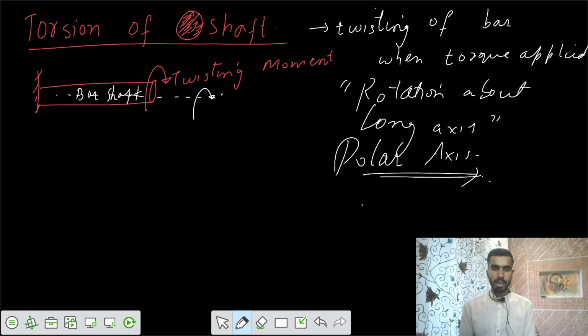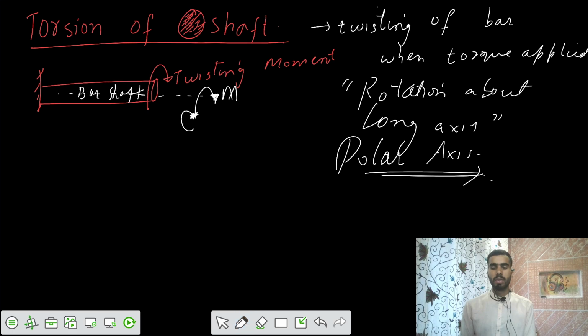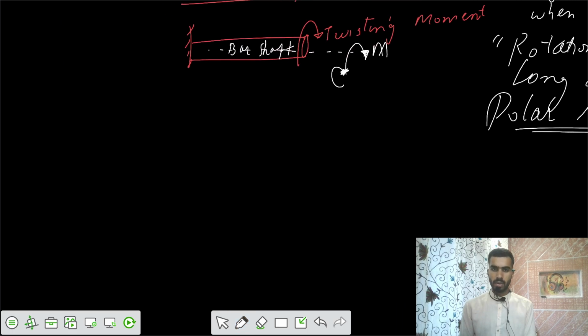So the moment is applied in the long axis direction, and the member also rotates about the long axis. That is twisting of the member.